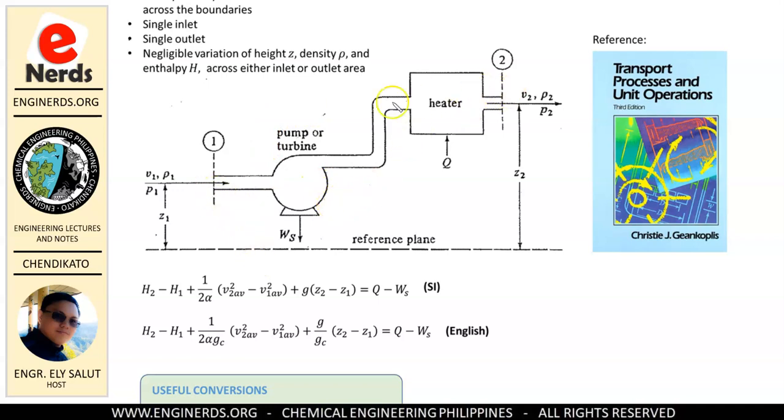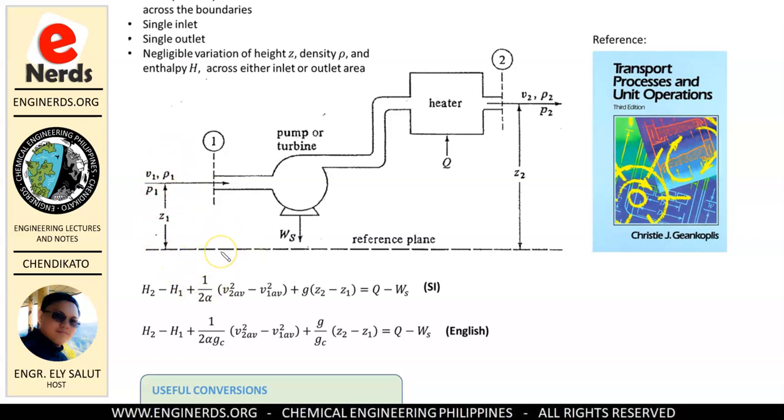So, on this diagram, we have our point 1 kung saan dito ang ating inlet and it is passing through dito sa ating pump or turbine which is our shaft work. And then, it passes also to a heater bago siya lumabas dito sa point 2 which is our discharge. No? So, itong reference plane natin na nakasulat dito, ito yung datum line. Okay, na magiging reference natin for the position, for our potential energy.